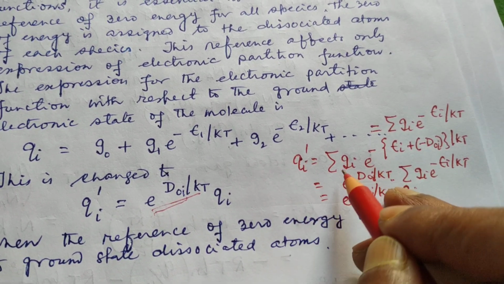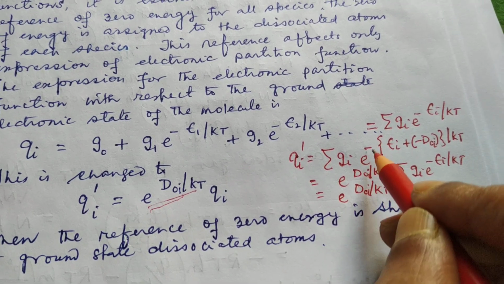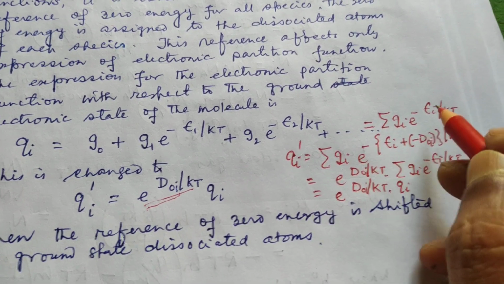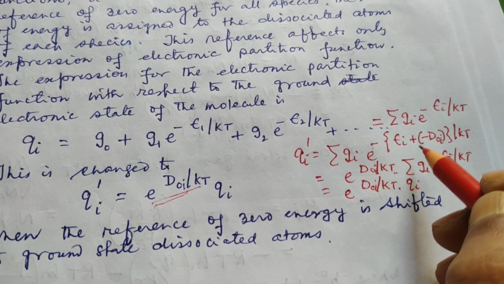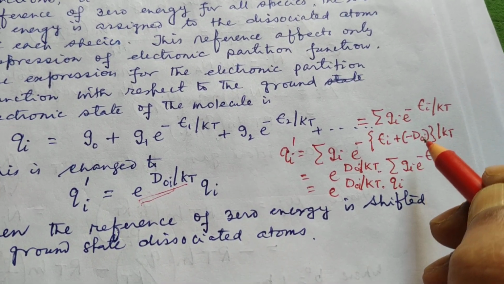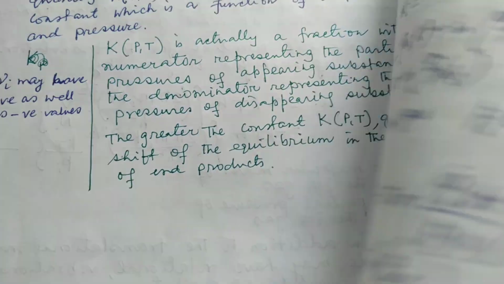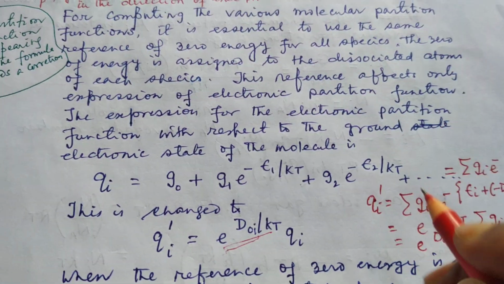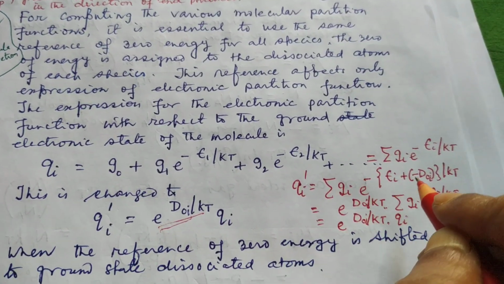Now Qi dot equals gi e to the power minus (epsilon i minus D0i) by kT. Why is it minus? We will discuss this later with a diagram.